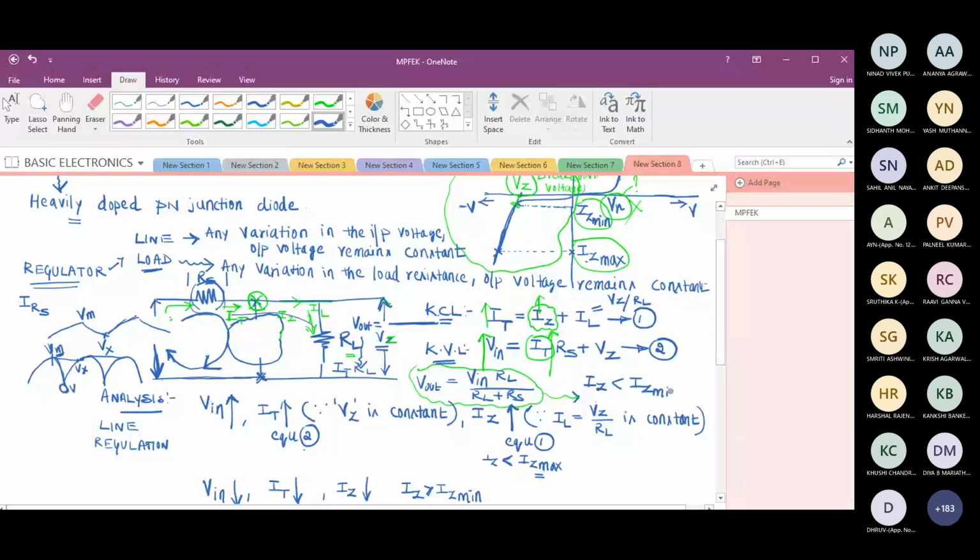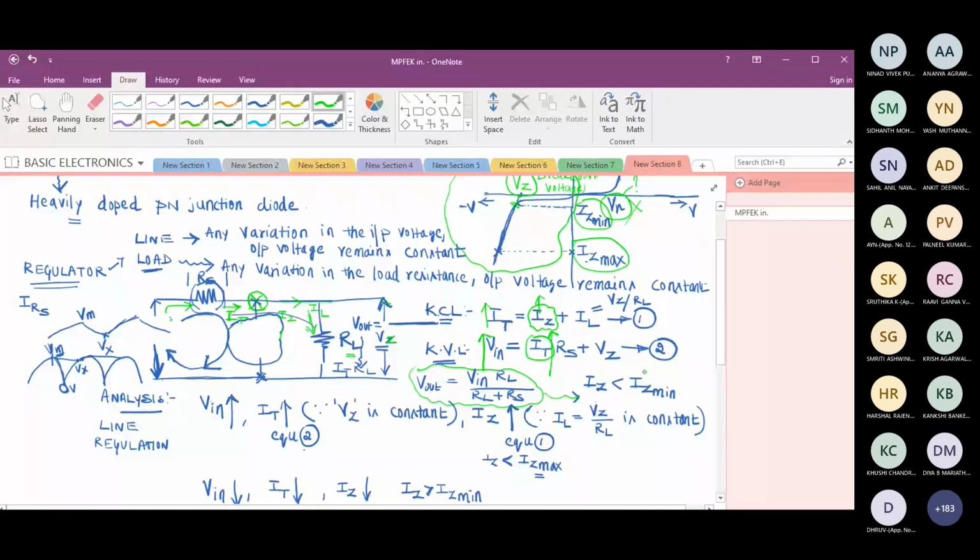Is it okay? Am I audible? So this is for the condition IZ less than IZ minimum.